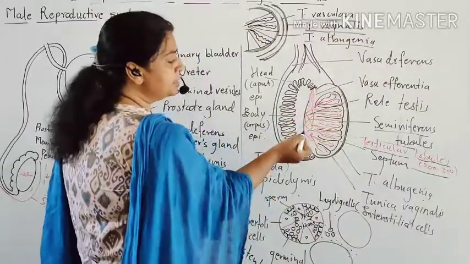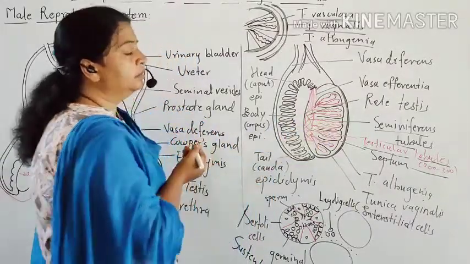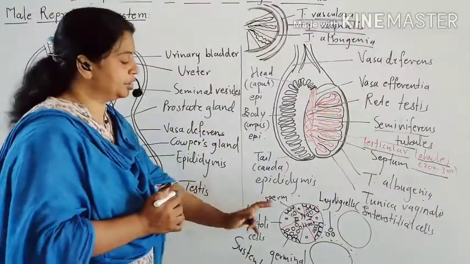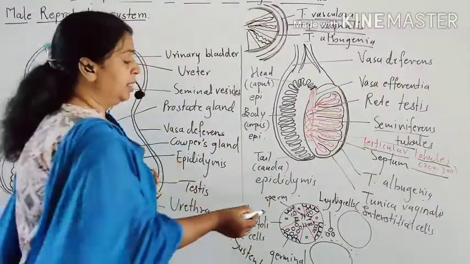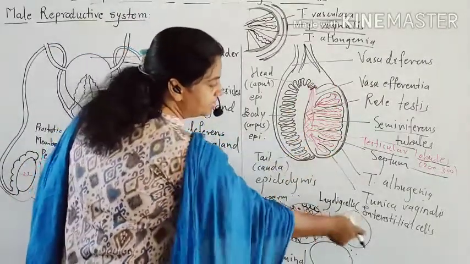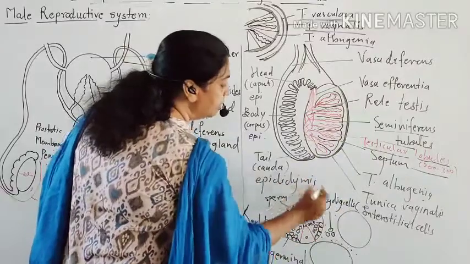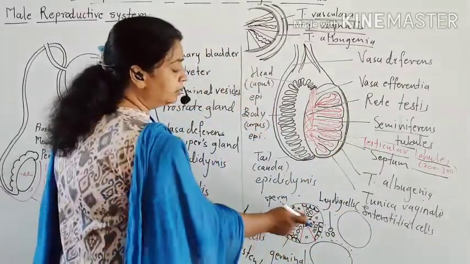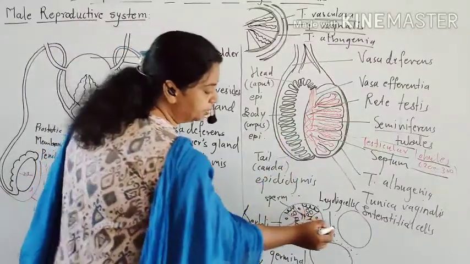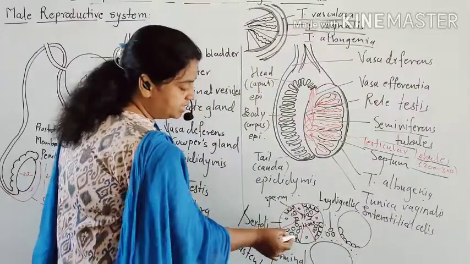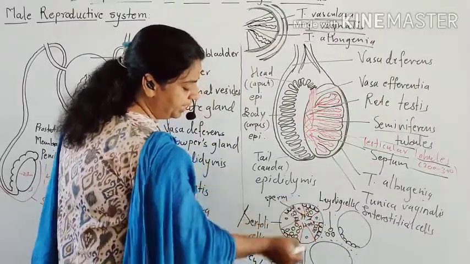When we take the section of the testes, showing the internal structure, and cut this seminiferous tubule, there is a rounded structure. This is the transverse section of the testes. Each seminiferous tubule is lined by cuboidal germinal epithelium.